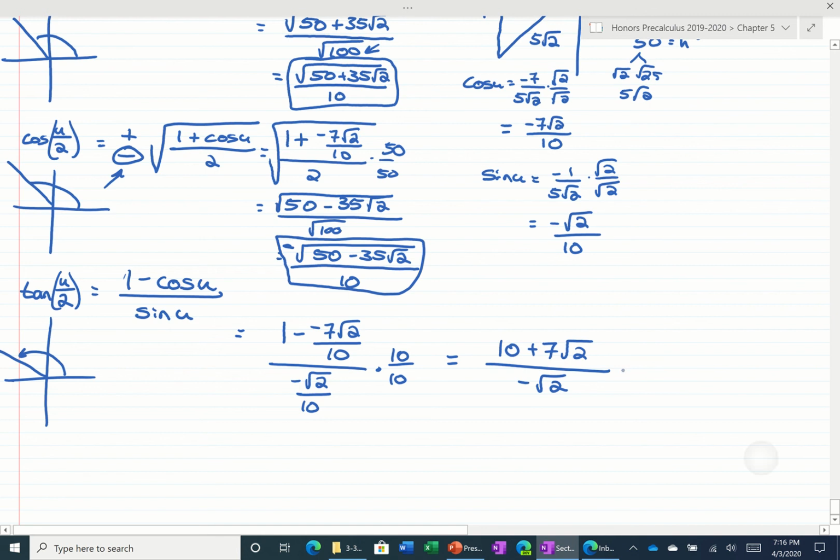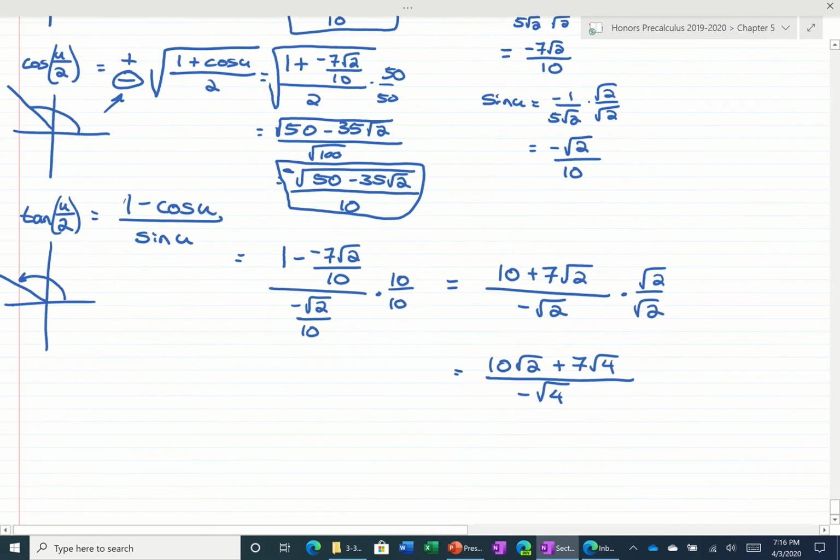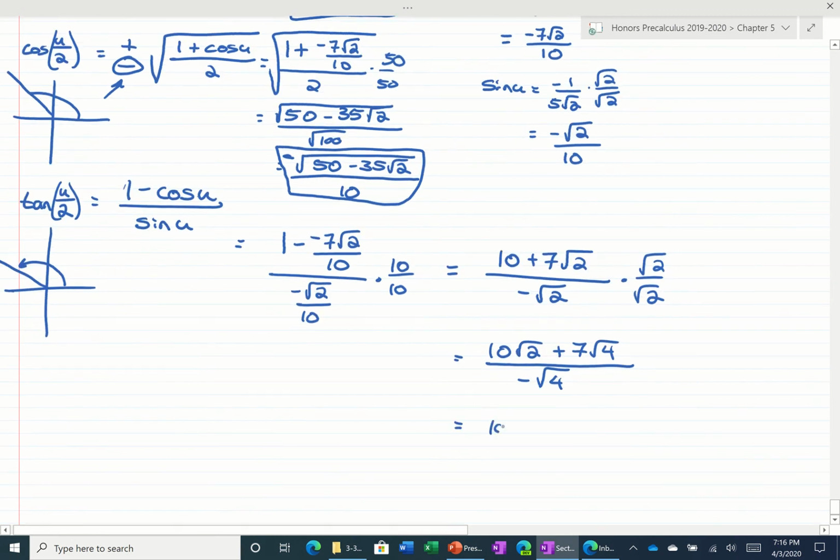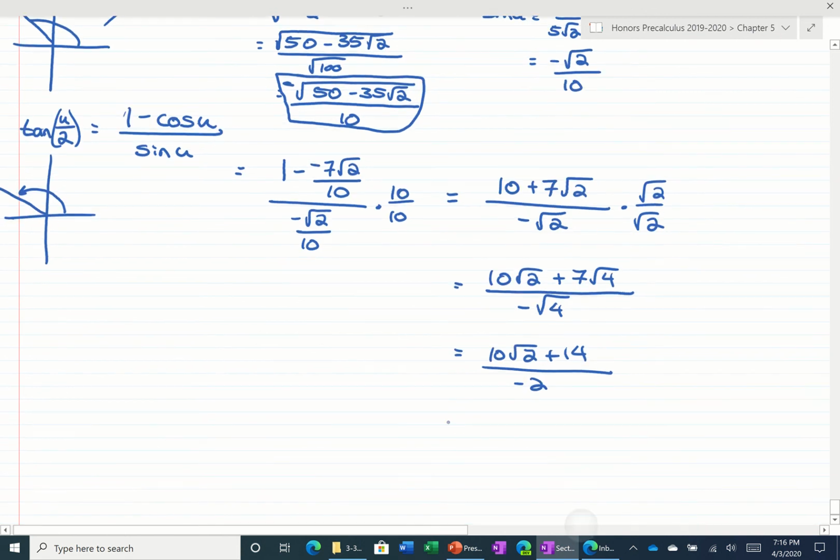And then to finish this up, if we multiply top and bottom by root 2 over itself, this would be 10 root 2 plus 7 root 4, all divided by negative the square root of 4. We're cleaning this up, it would give us 10 root 2 plus 14 over negative 2. And finally, our answer would be negative 5 root 2 minus 7. So that should be the answer there.